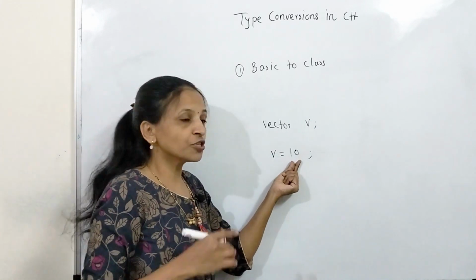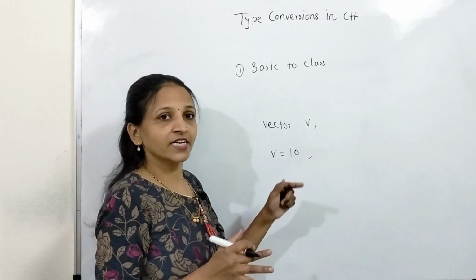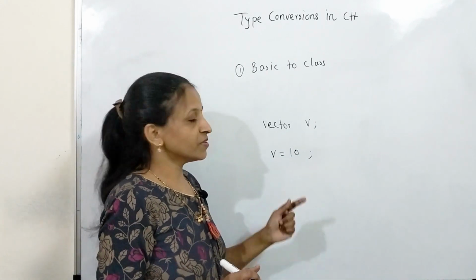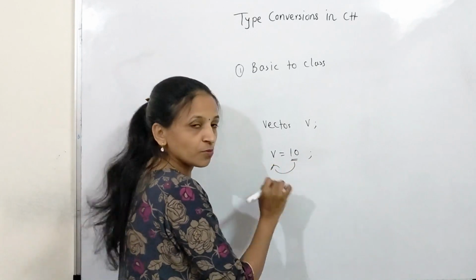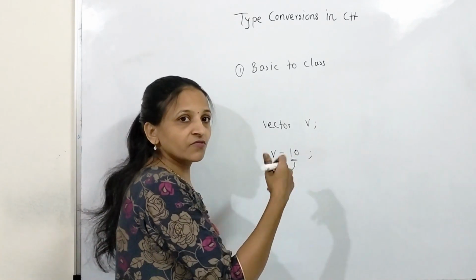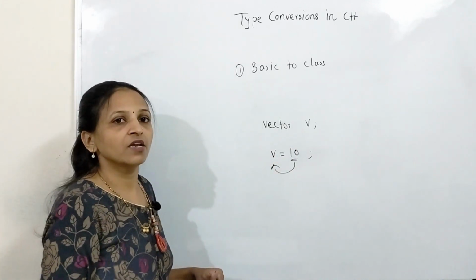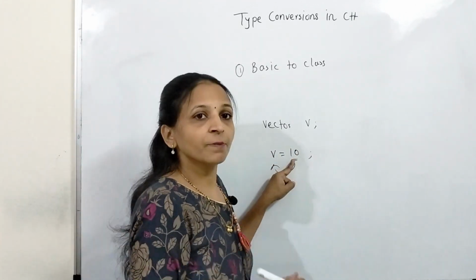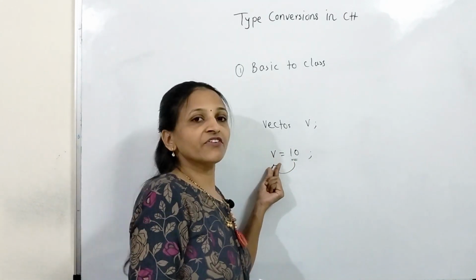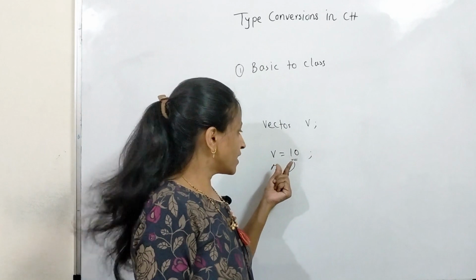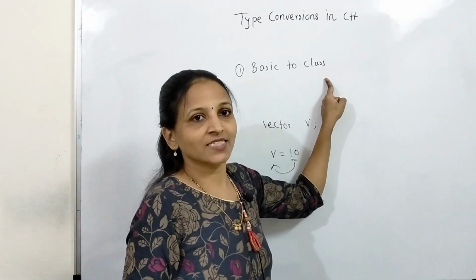Then this 10 should be converted to vector type so that this expression will get executed. Before assigning this 10 to the vector object, it should get converted to vector type. Here a basic data type has to be converted to a user defined data type, that is class, and this type of conversion comes under basic to class.